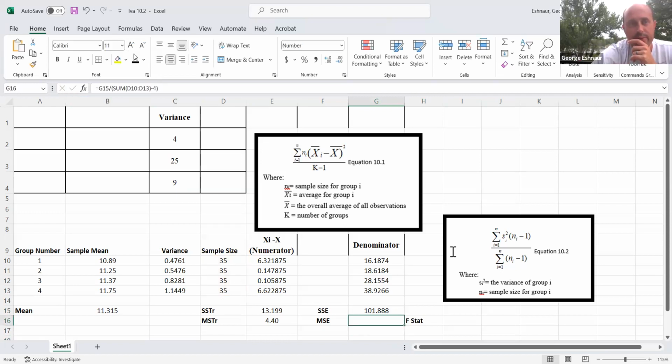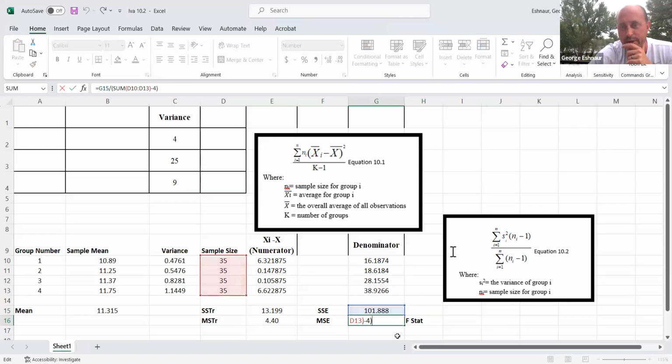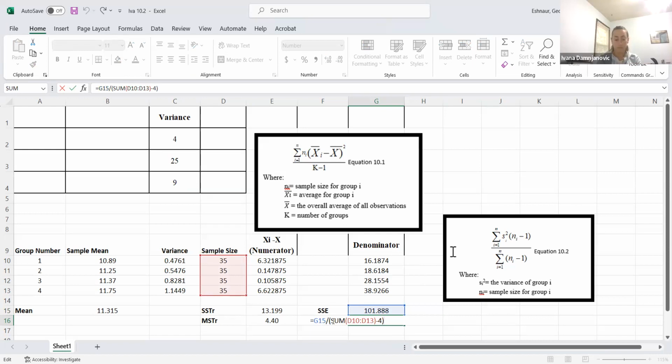So what I did there for the numerator of this one, ignore the G15, okay? We summed up all of the sample sizes and then minus 1 for each one. Now, you could go through and say this minus 1 plus this minus 1 plus, but I just added them all together and took 4 out.